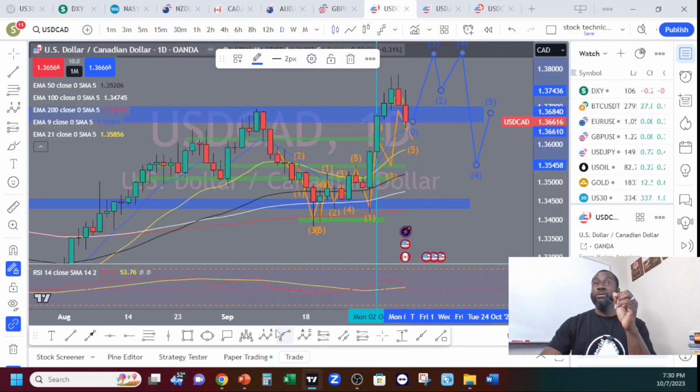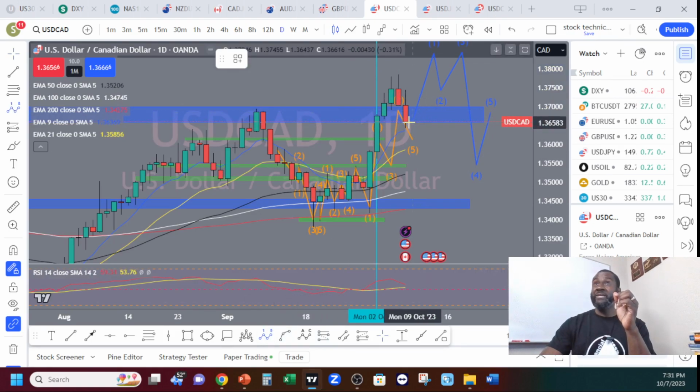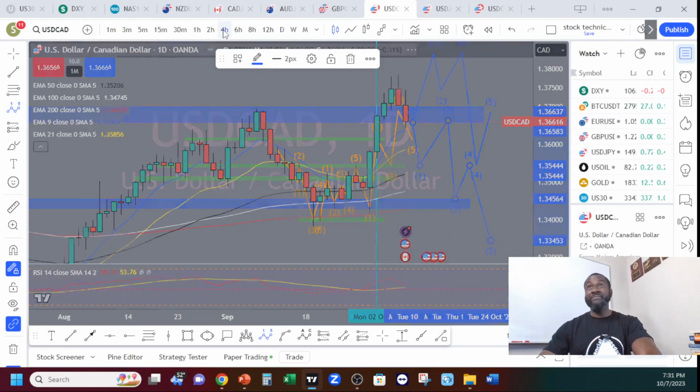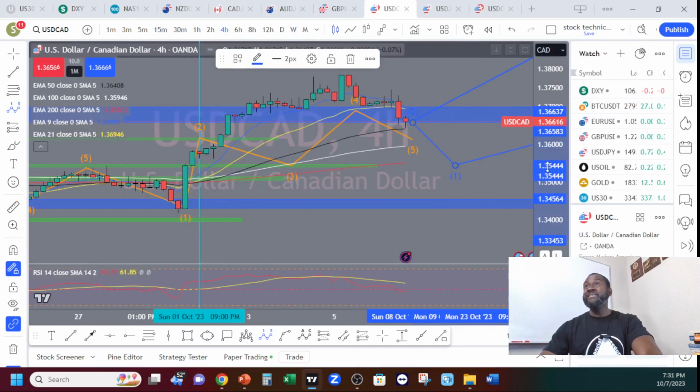Or price might open here, come down, come back to test it, come down, come back to test it, and then go down right here. Price might do that. So let's go to the 4-hour time frame so we can see.